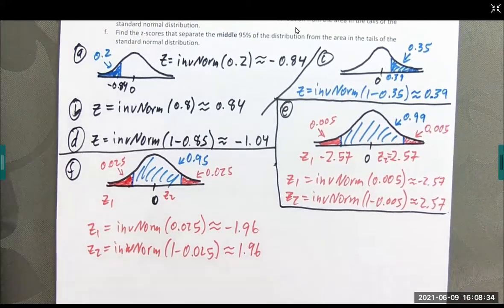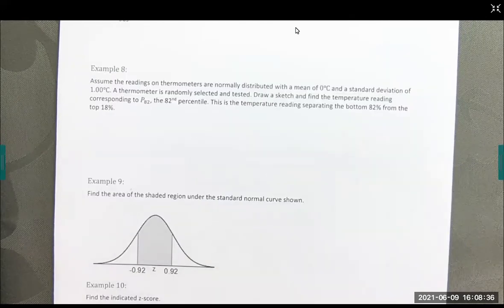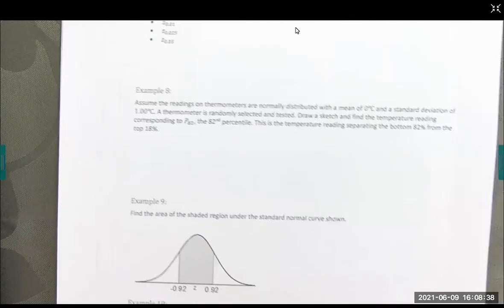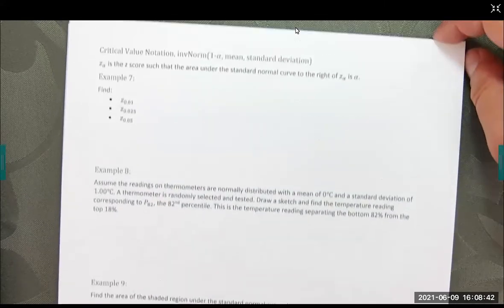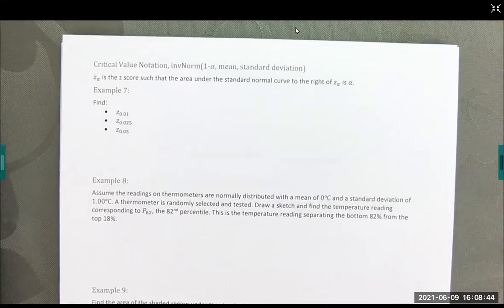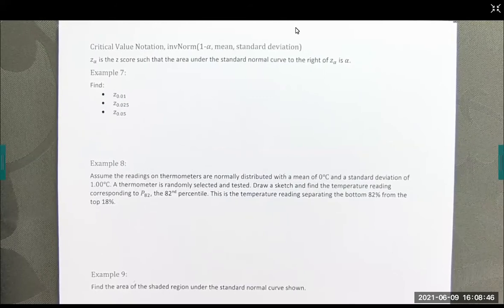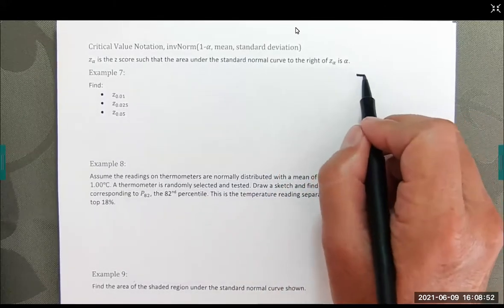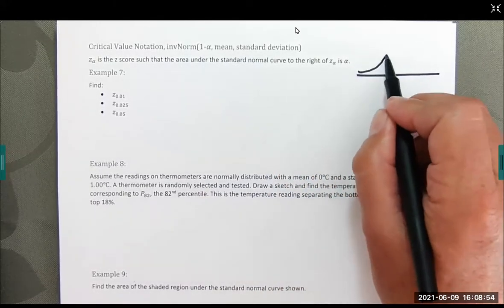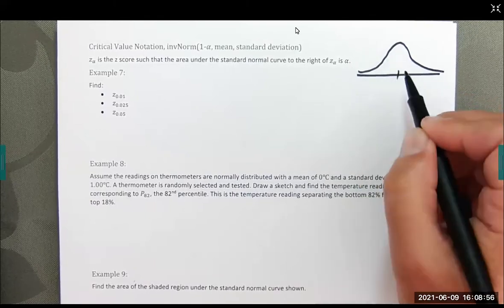All right. Let's talk critical value notation. In general, Z sub alpha is going to look like this. It's always the area to the right.